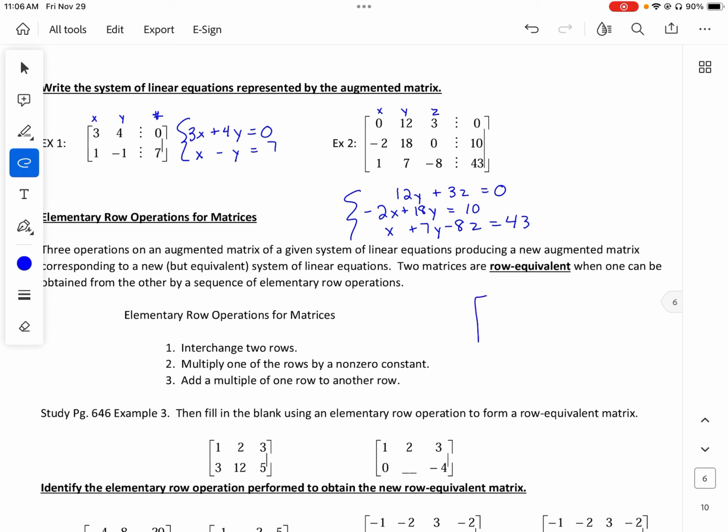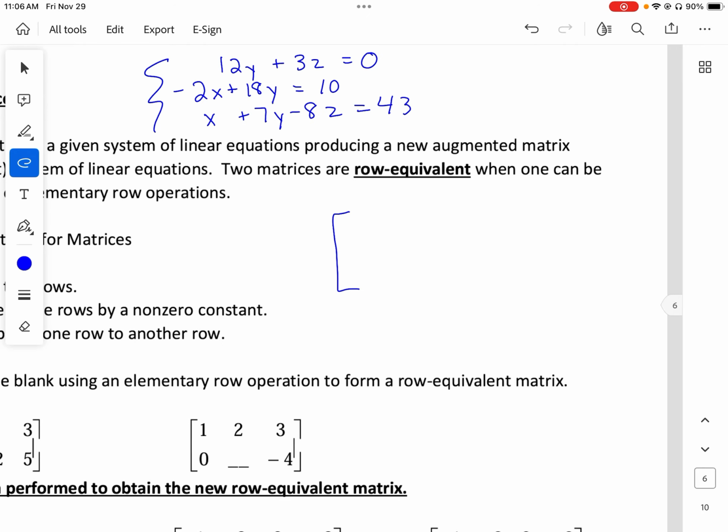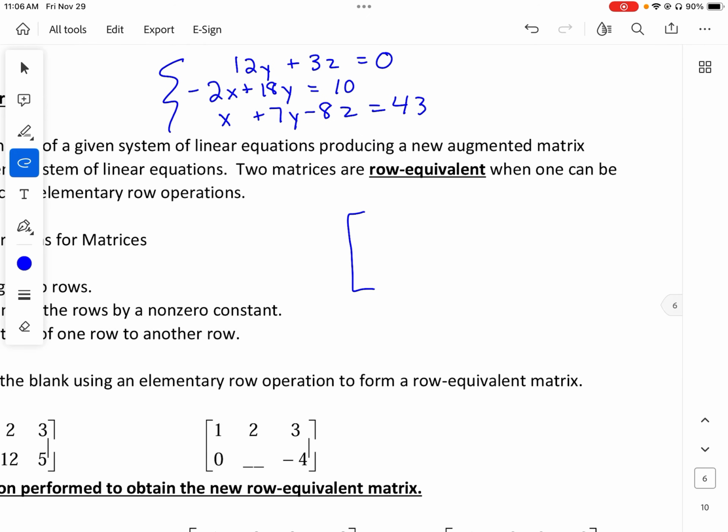Our goal, which you'll see a lot more in the next section, is this: let's say it's a 3 by 4, we want it to look like this. The last column can be anything you want.